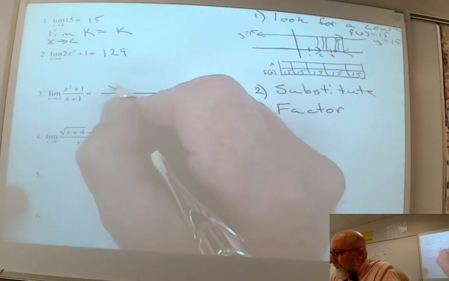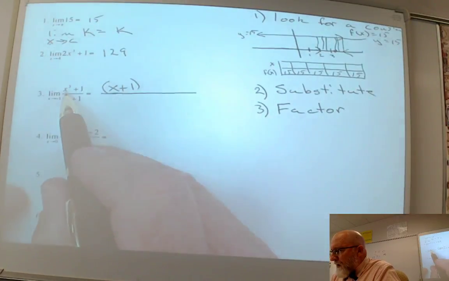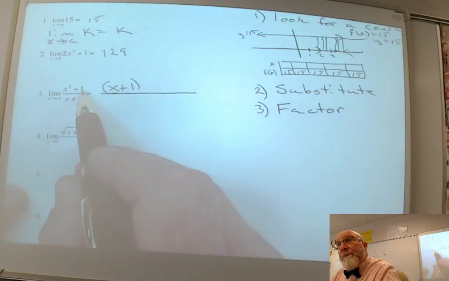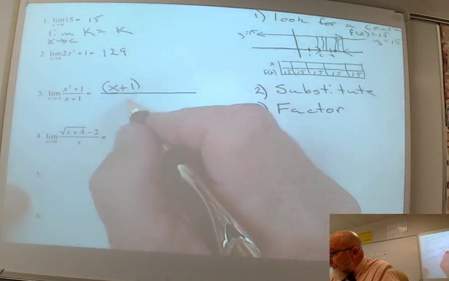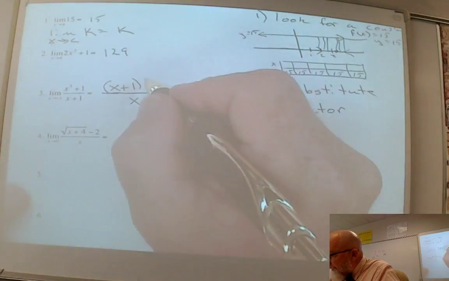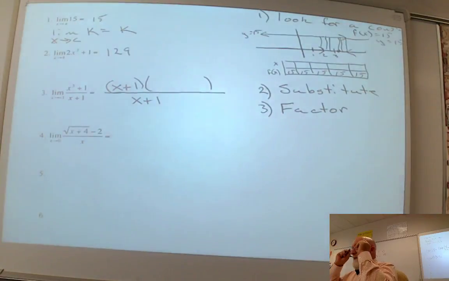X starts out with x plus 1. You're always guaranteed. So what you do is you take the cube root of this, rewrite this. So if it's plus, it's plus. If it's minus, it's minus. Take the cube root of that. Which I'm happy to see, by the way, right? But the next thing is you're guaranteed a trinomial, 3 terms.